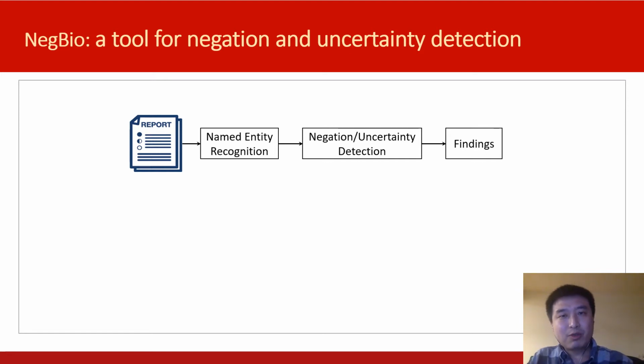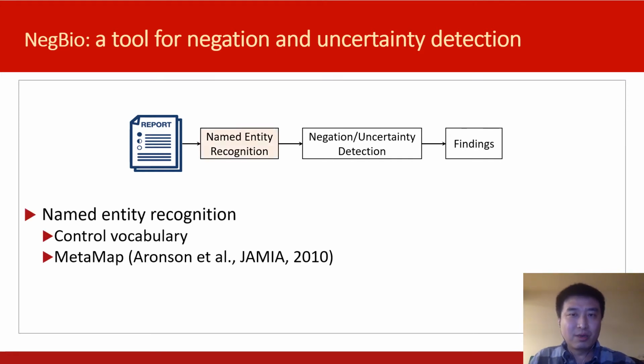Here I want to describe a two-pass approach to achieve this. In the first pass, we use named entity recognition tools to detect findings from the reports. At this stage, we simply extract all findings. We don't care whether they are positive, negative, or uncertain. There are many named entity recognition tools that we can use.